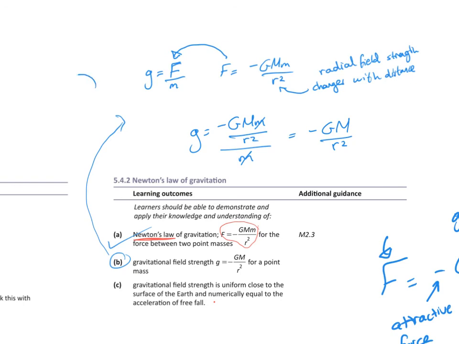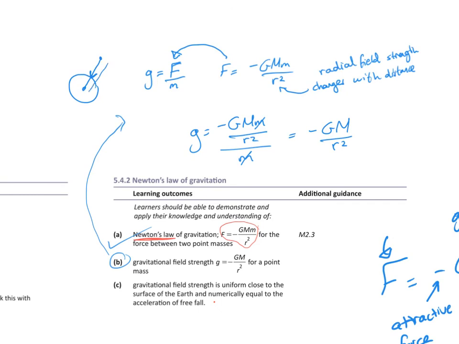So if this is the Earth and I want to know the gravitational field strength, this is basically showing you that the field, which is always directed towards the center, is in the opposite direction to the displacement r from the center of the mass.